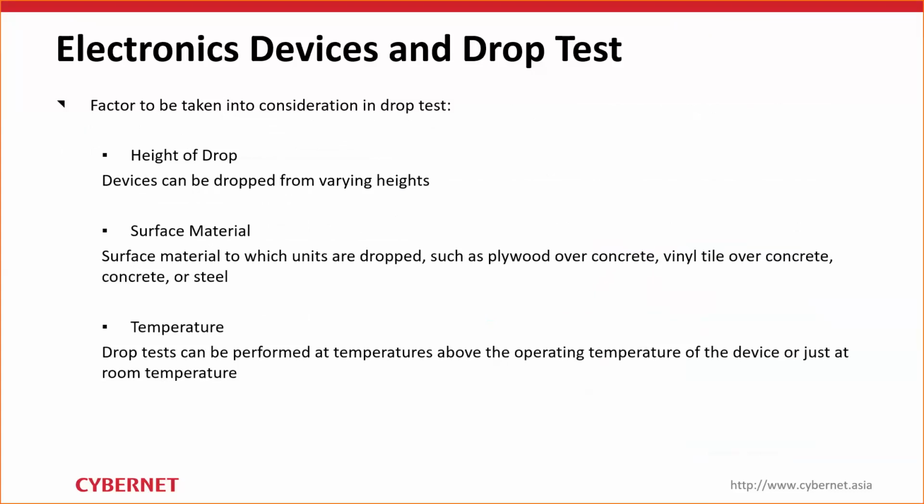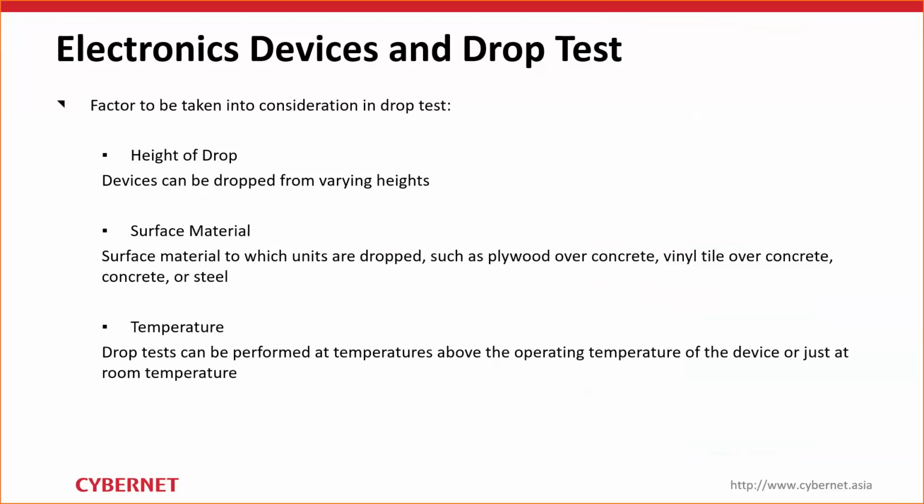Okay, next, when it comes to a drop test, several factors or variables need to be kept in check in order to properly evaluate the results of the drop test at the end of your experiment. There are various variables that affect the severity of the test, including the height of drops, essentially meaning the device can be dropped from varying heights.